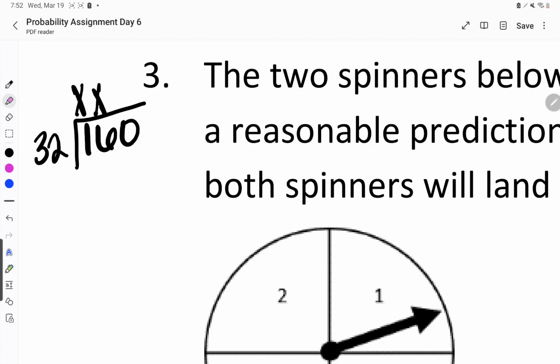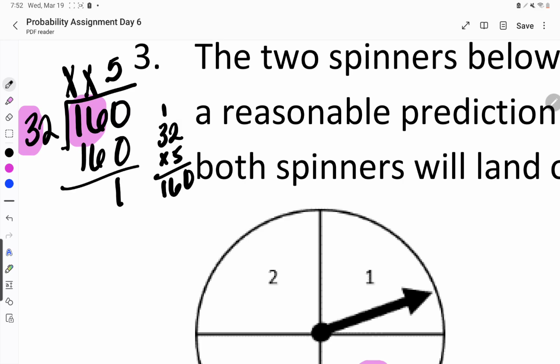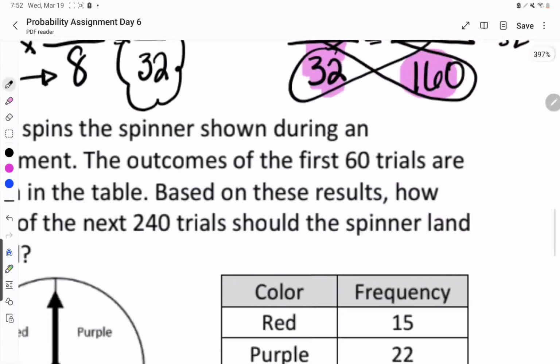I don't know exactly how many times 32 goes into 160, so I'm going to see how many times 3 goes into 16. That's going to be 5 times. So I'm going to say 32 times 5, that's 10, carry my 1, oh, that's 160. So that gives me 5.